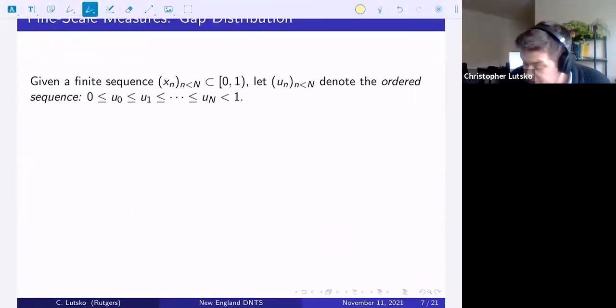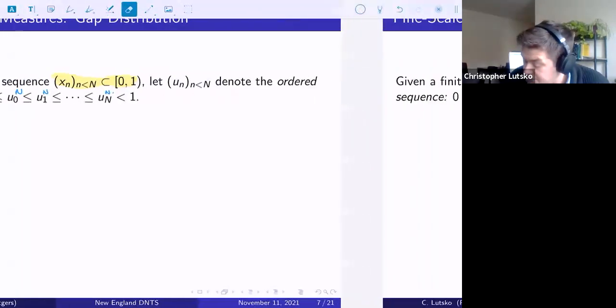So given a sequence x_n on the unit interval, we're going to let u_n denote the ordered sequence at time capital N. Of course, the labeling of u_n secretly depends on capital N. So that's our ordered sequence.